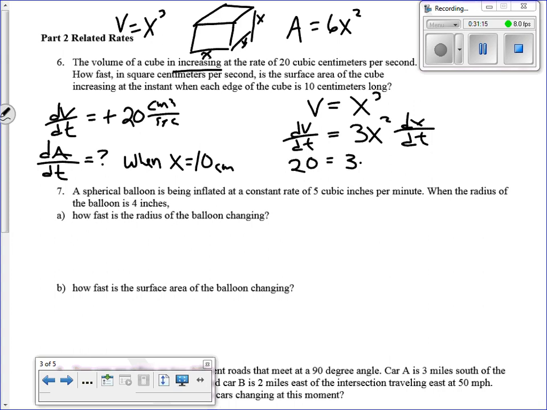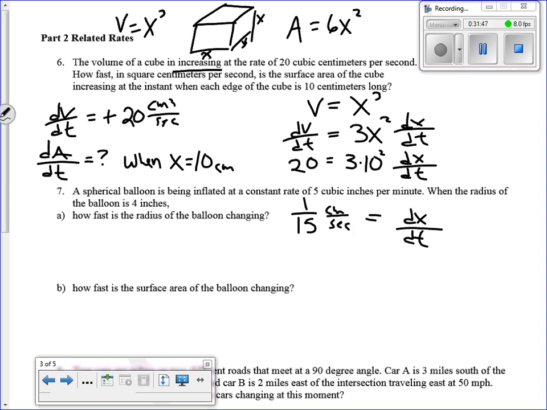I know to fill in 10 for x. But what this is going to allow me to figure out is the rate at which x is changing, dx dt. So if I just divide each side by 300, I get dx dt, 20 over 300 would be 2 over 30, or 1/15. And that would be in centimeters per second.